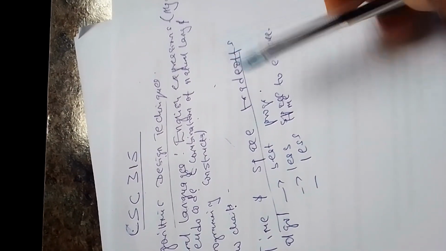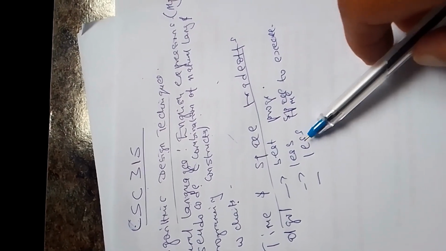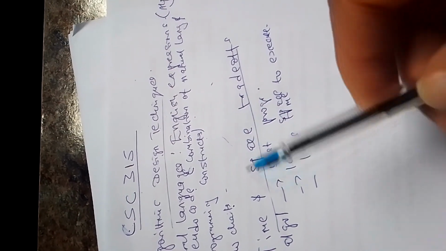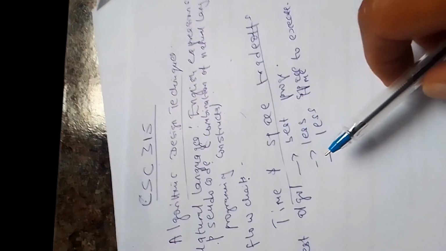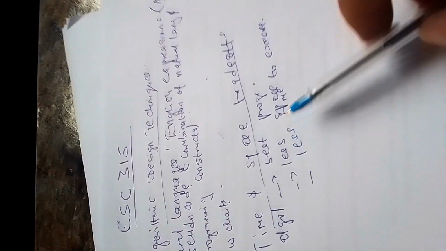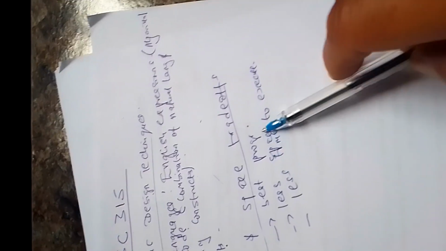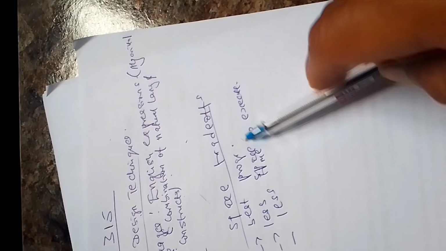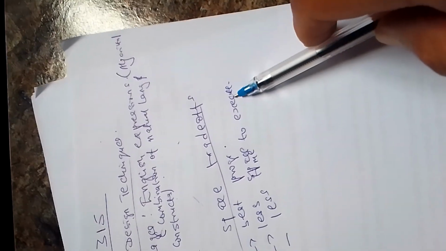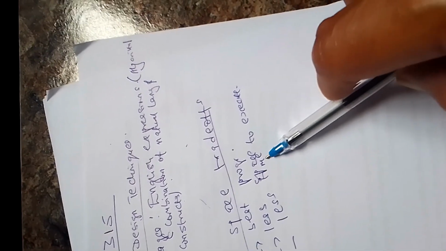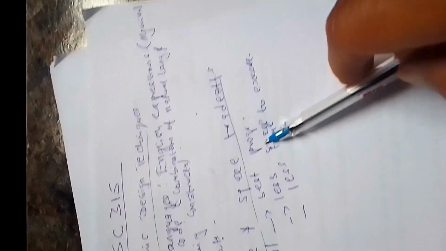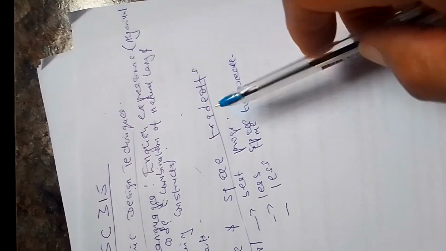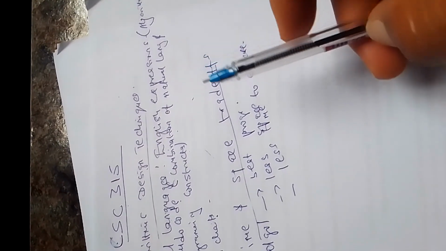One such approach may require more space but takes less time to complete its execution, which is true. Thus, we may have to sacrifice one at the cost of the other. You may have less space, but it will take time to execute, or you may have less time to execute and then more space in the memory. So these are what our algorithm can take.